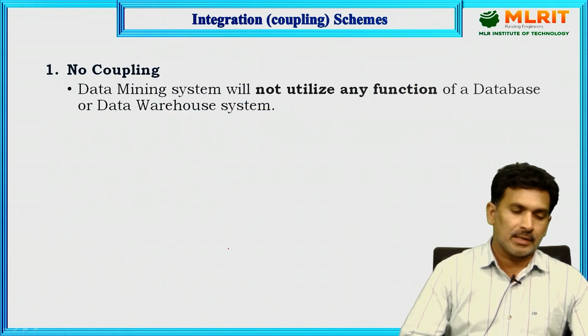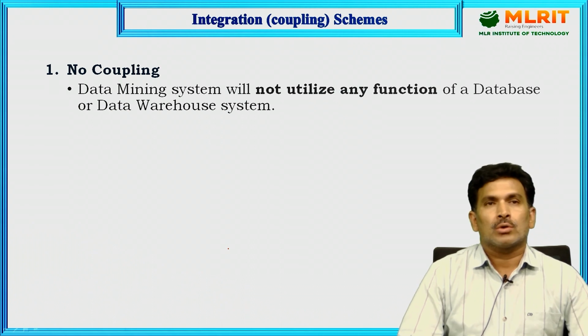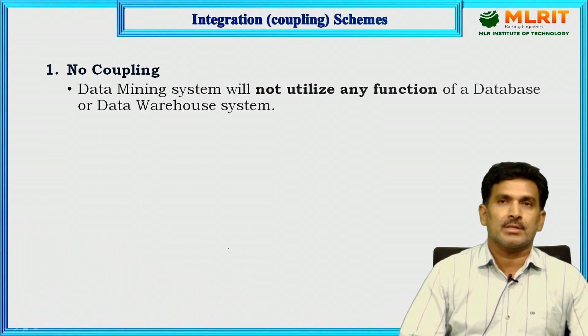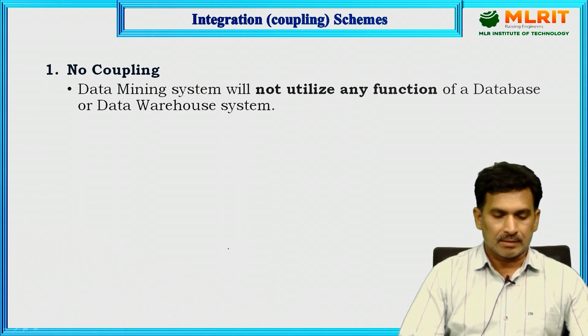The first one is no coupling. No coupling means the data mining system will not utilize any functions of a database or a data warehouse system.